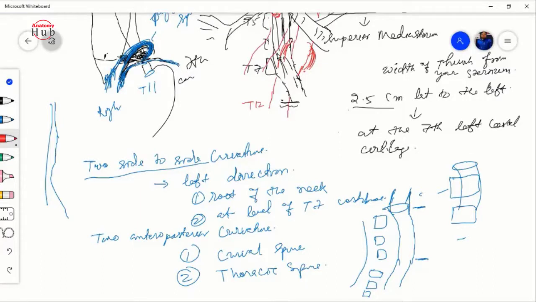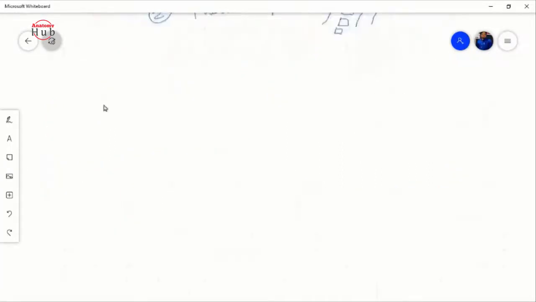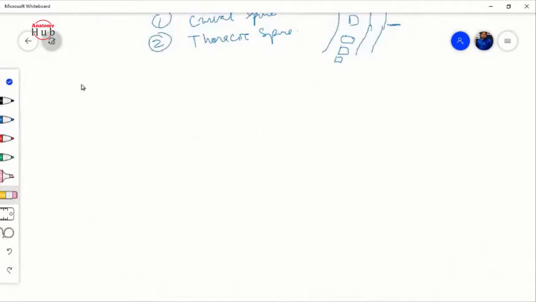In a normal case it is not deviating to the right. Clear, all of you? Yes, sir. Then we'll see what the constrictions of the esophagus are.